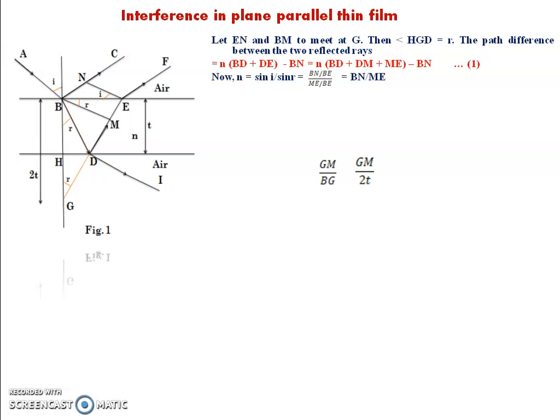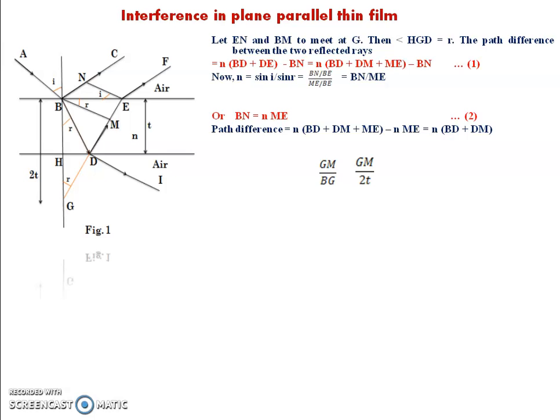Now we know N is equal to sine I upon sine R. Therefore, sine I can be written as BN divided by BE, divided by sine R, which is ME divided by BE, and this gives BN upon ME, because BE cancels. Or we can write BN is equal to N into ME. Let this be equation number 2.